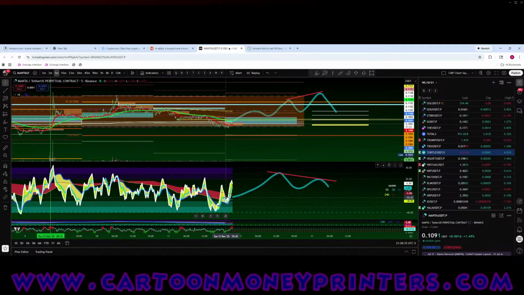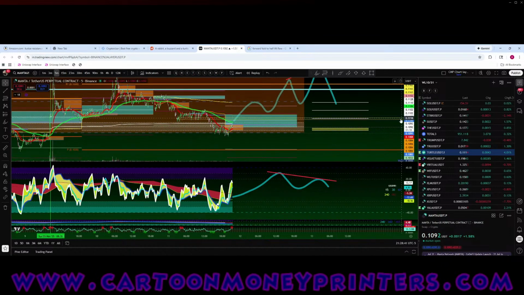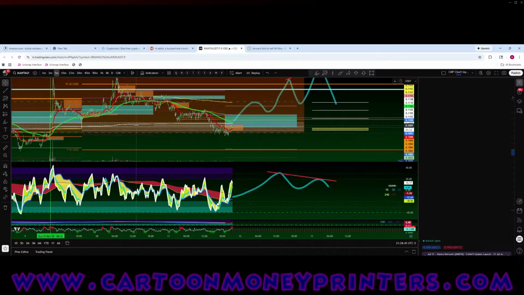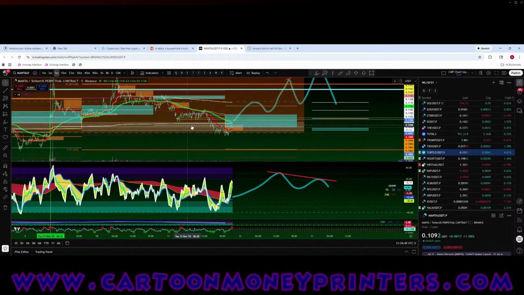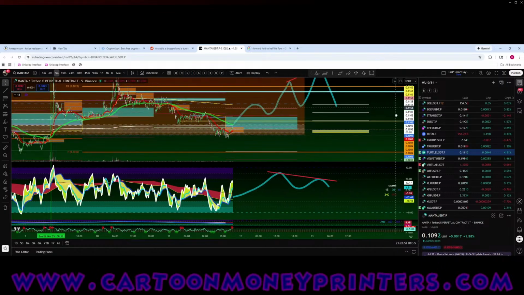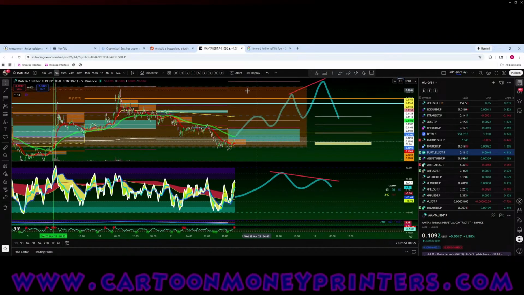What I'm saying is the ribbon is starting to turn here, right? And actually, Manta might be something to consider because you have the weekly CPR sitting here at the bottom of the monthly CPR. Check it. The monthly CPR is very wide. What is this percentage? That's a 16% differential from the bottom to the top.